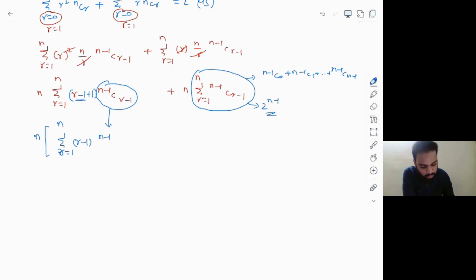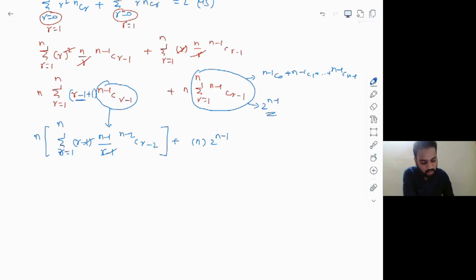And again there I am going to use the formula. It is nothing but n minus 1 divided by r minus 1 multiplied by n minus 2 C r minus 2. Okay, so this r minus 1 will be cancelled out. And the next term is directly simplified, right, which is n into 2 to the power of n minus 1.